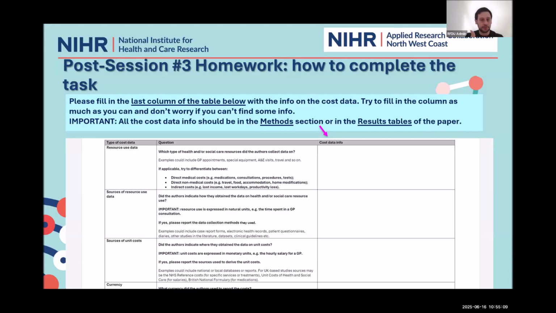The authors might say, we collected resource use through patient questionnaires, through CRFs, and this is the source of your resource use data. Sources of unit cost, as Luis was explaining before, could be publicly available sources like NHS reference costs, unit costs from publicly available databases, and so on. And if you have some information regarding currency and price year, that's something you can extract and paste into this document.